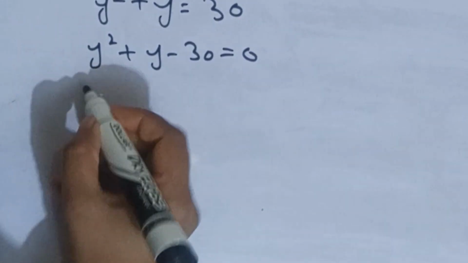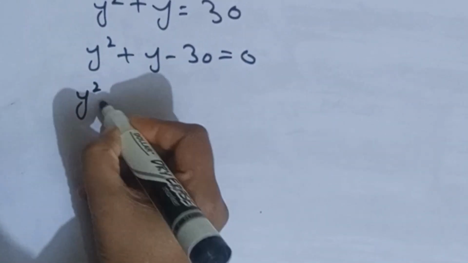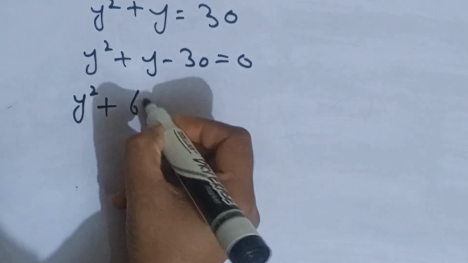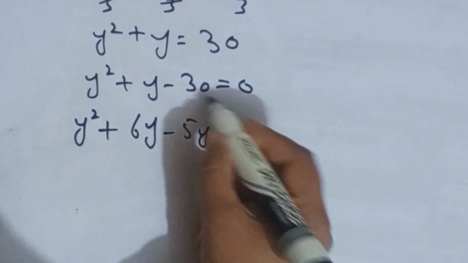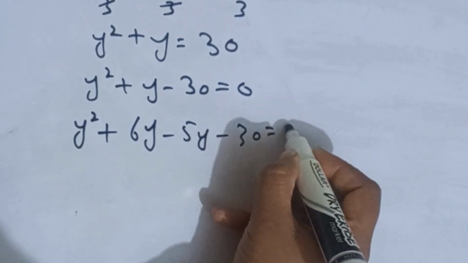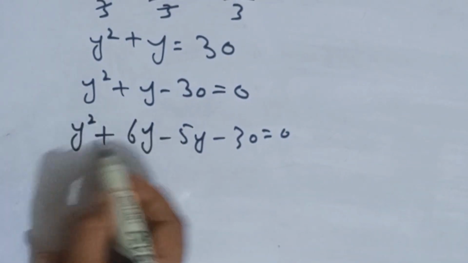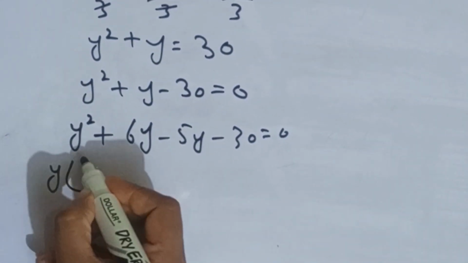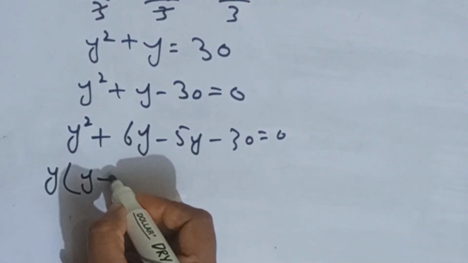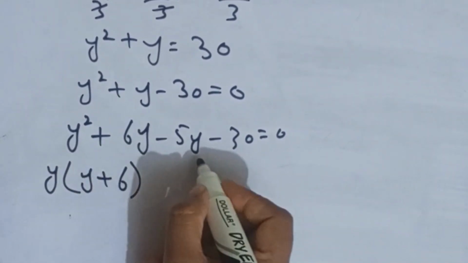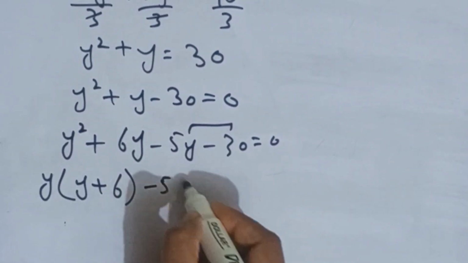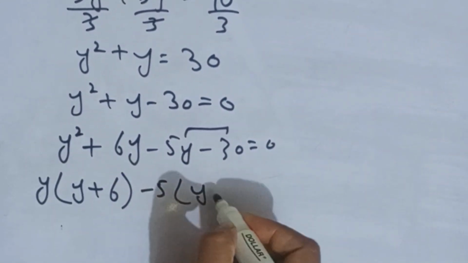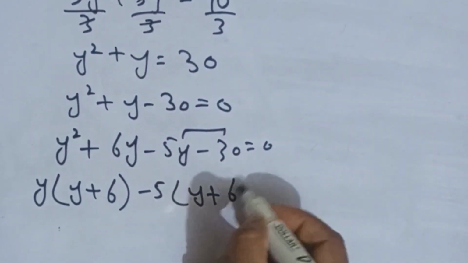Now we factorize this. So we write this as y square plus 6 times y minus 5 times y minus 30. This is equal to 0. Now y is involved in these two terms, so we factor it out. The remaining value is y plus 6, and minus 5 is involved in the last two terms, so we factor out minus 5, and this is y plus 6.